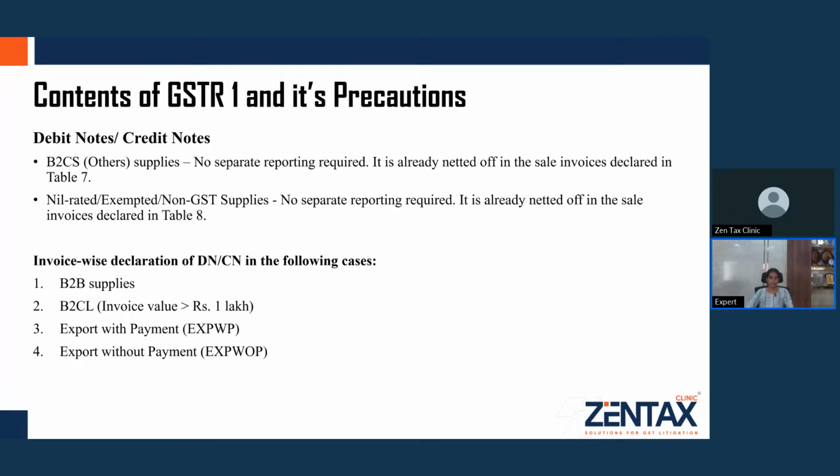Likewise, for nil rated, exempted, and non-GST supplies, where credit notes or debit notes are issued in respect of the invoices of nil rated, exempted, or non-GST supplies, these credit notes are also netted off and declared in table 8 of GSTR-1.